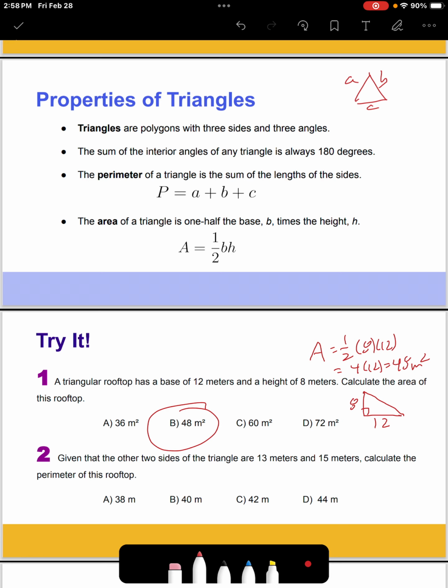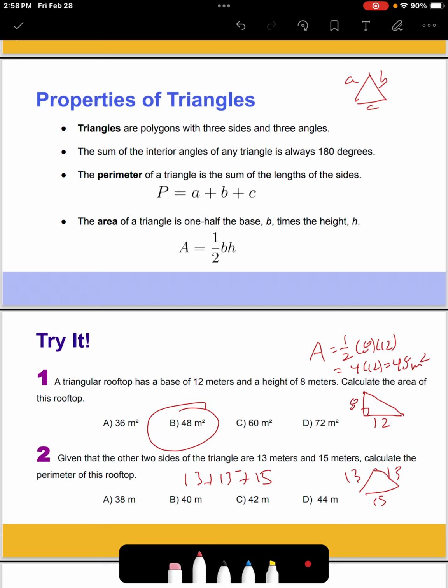So this time I have a triangle with 2 sides of 13 and the other is 15. Calculate the perimeter of the roof, you add them up. 13 plus 13 plus 15.